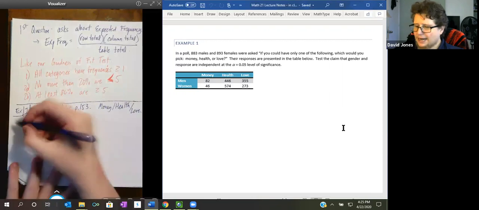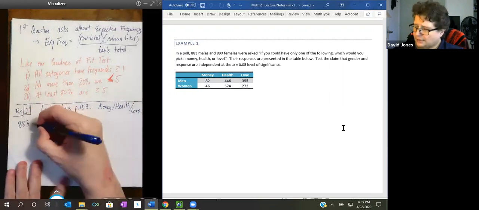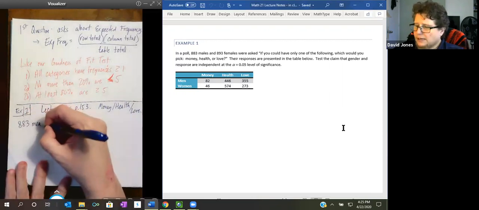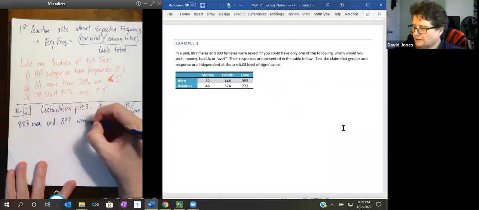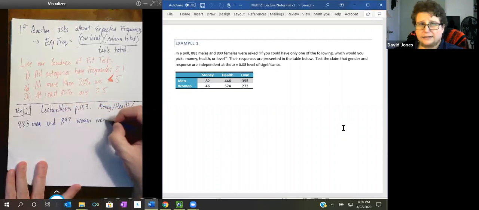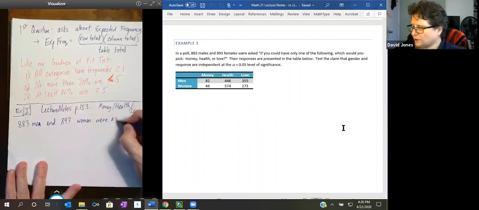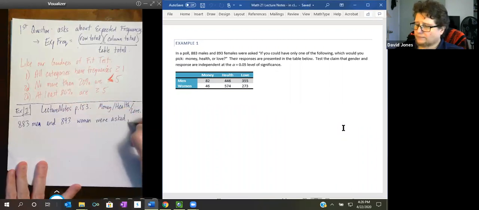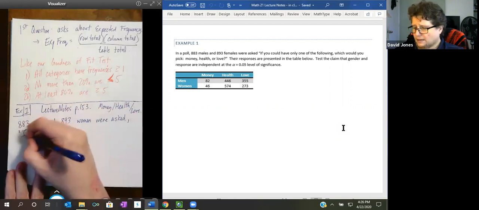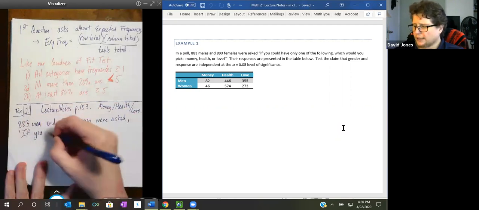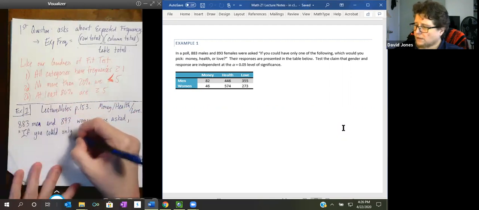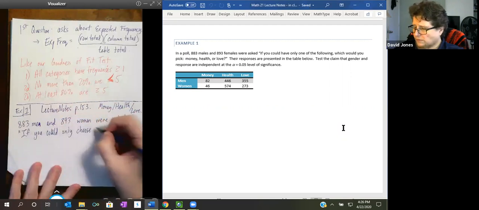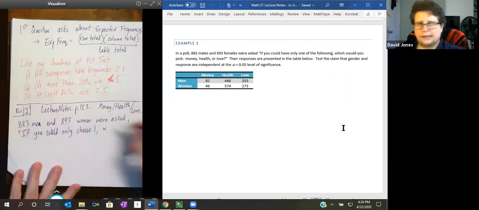It says 883 men and 893 women were asked if you could only have one of the following, you could only choose one, would you pick money, health, or love?